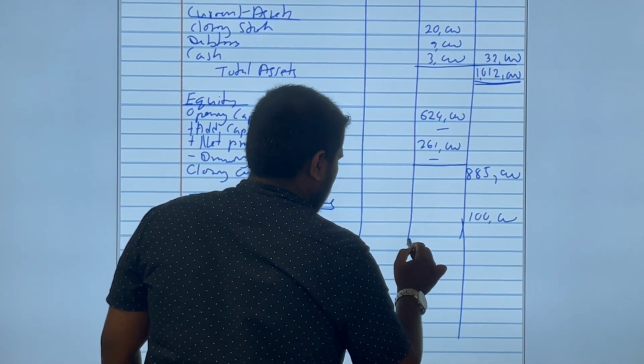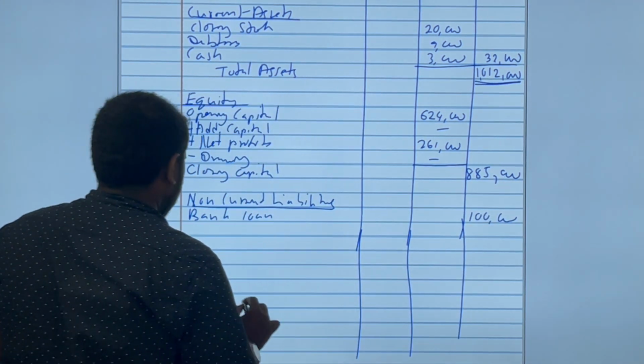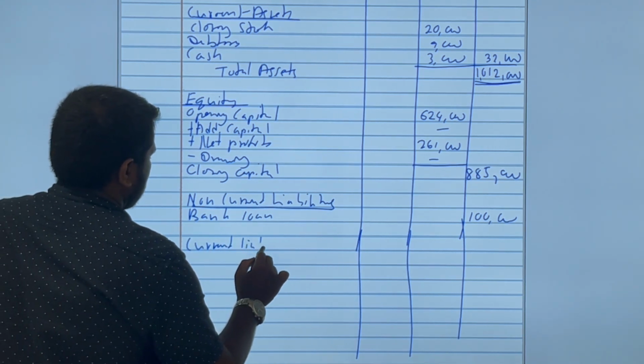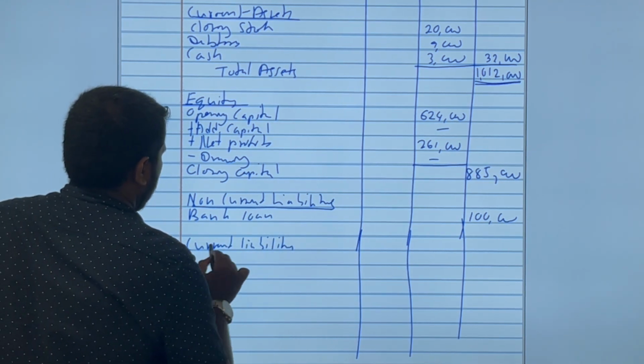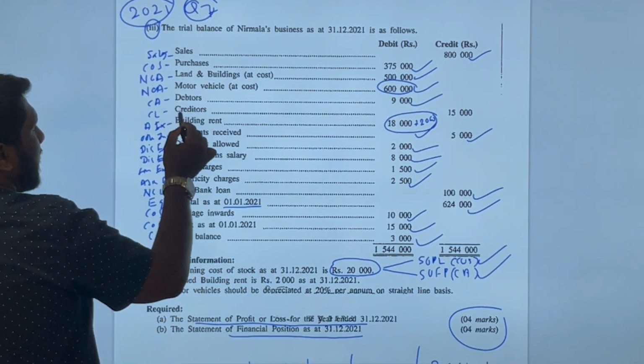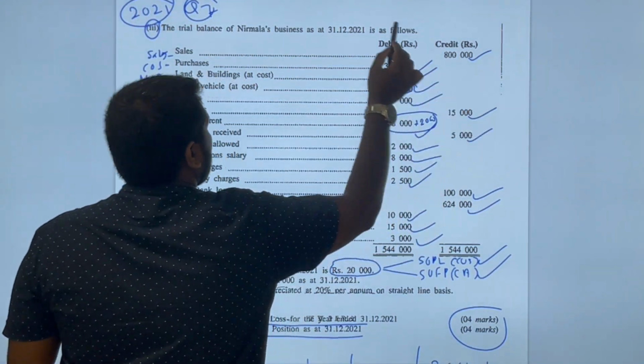Now let me take the final part of the question, current liabilities. Under the current liabilities, we have the creditors 15,000.